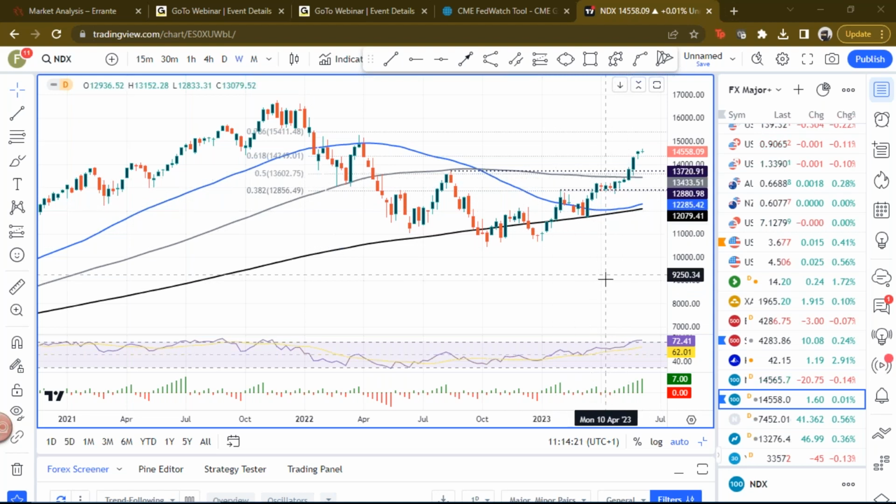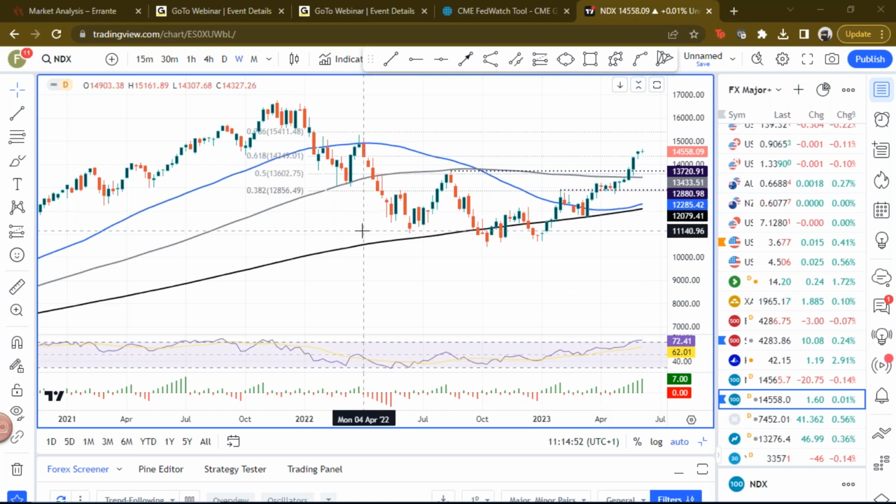That 100-week moving average again at about 13,430, and then we broke above that, and the target was that mid-August high at 13,720, and then a strong push higher again. You can see consecutive weeks of gains, very strong bullish momentum after breaking above there, and now we're tracking sideways after pushing up to a recent high again at 14,662.